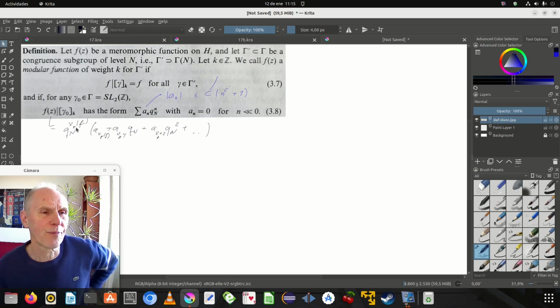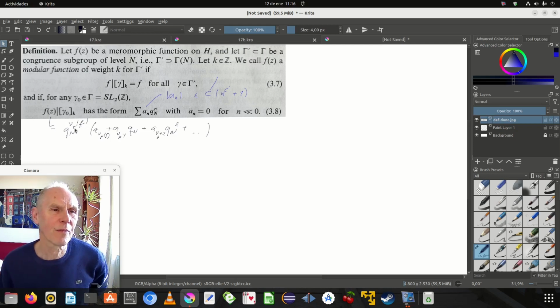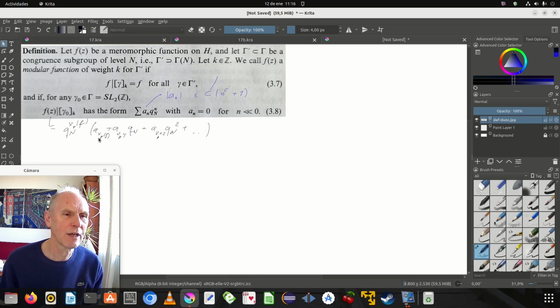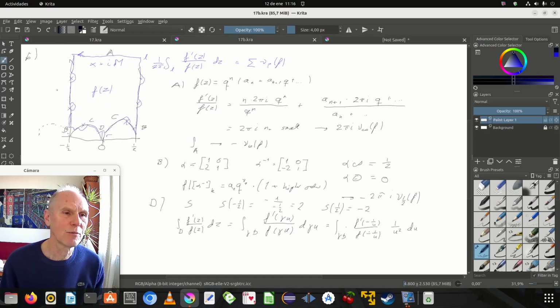When Q tends to naught, this will tend to this number. And that means that from a certain point off there will be no zeros. And that in turn means that as we approach minus 1/2 or naught, from a certain point there will be no more zeros of the function.